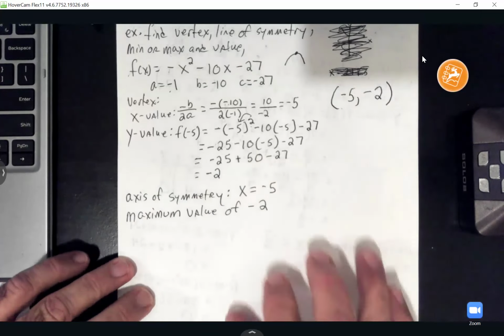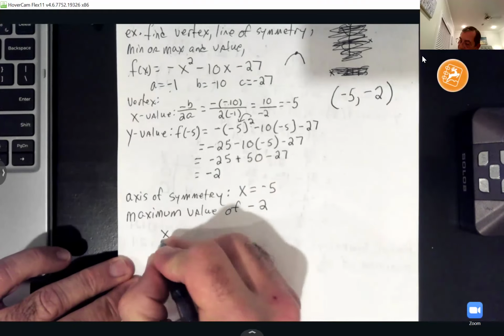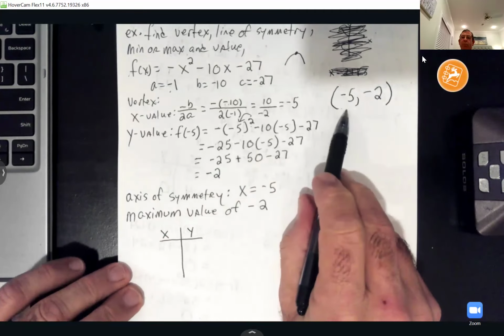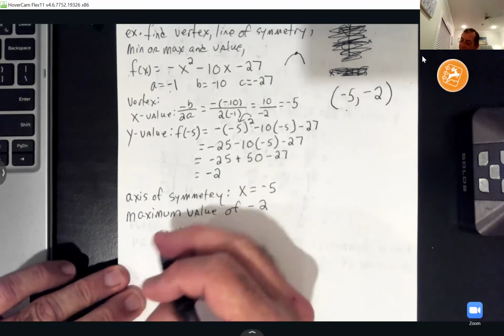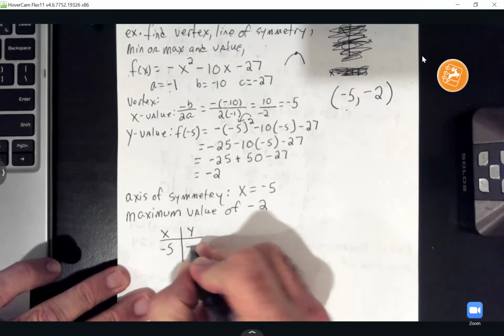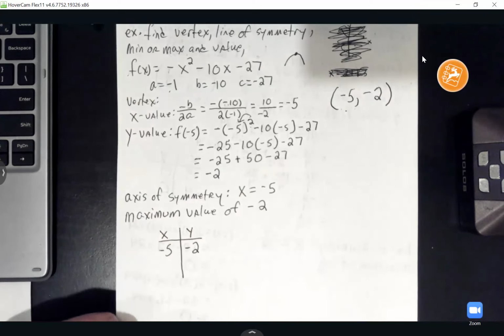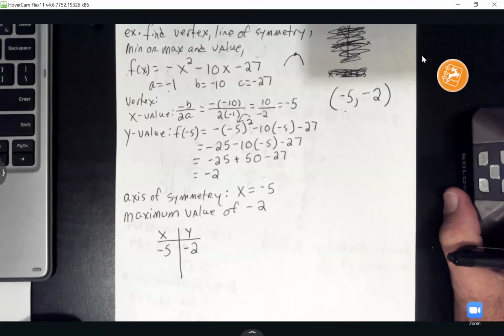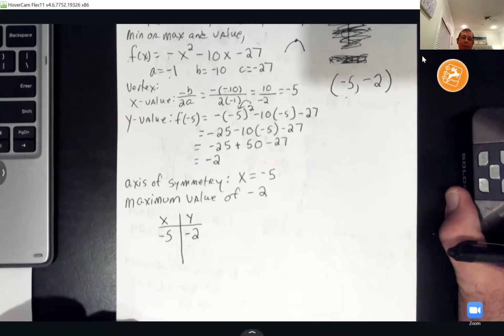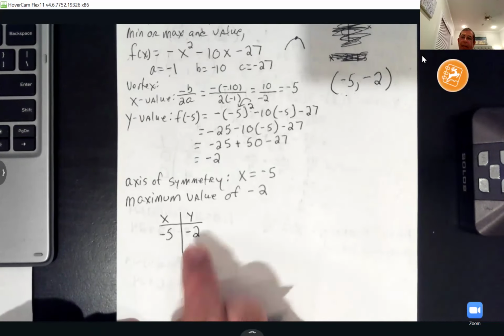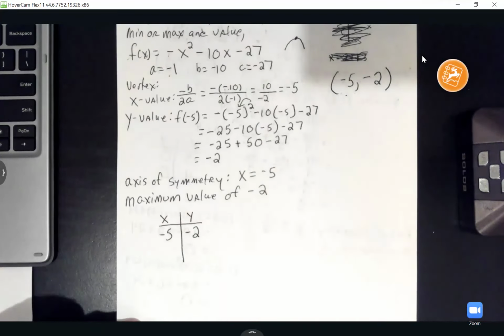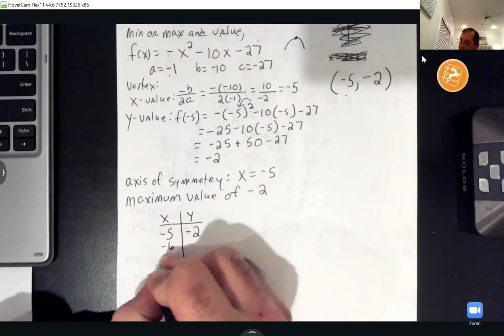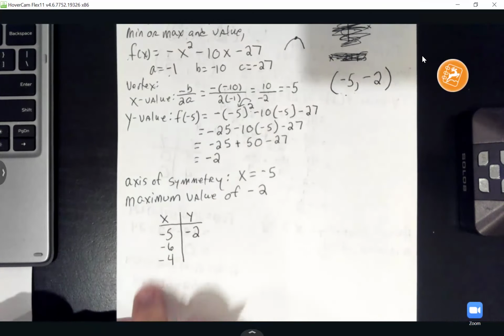Now I'm not going to graph this one, but I'm going to show you my points I would pick. I know the first point's going to be that -5, -2 for my vertex. Now, if I want to keep numbers close to that -2 without having a big graph to draw, I would probably do -6 and -4, one on each side of that.